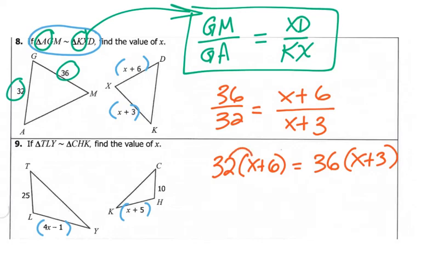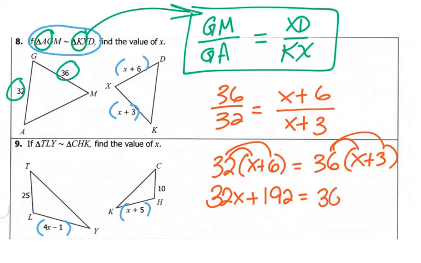So 32 times X, we'll have 32X. 32 times 6 is 192. We'll do the same on the other side. We get 36X plus 108. All right, and now we have this linear equation which we have to solve.